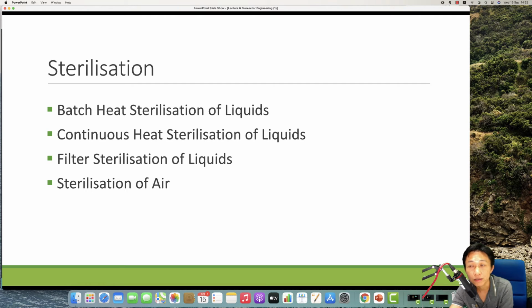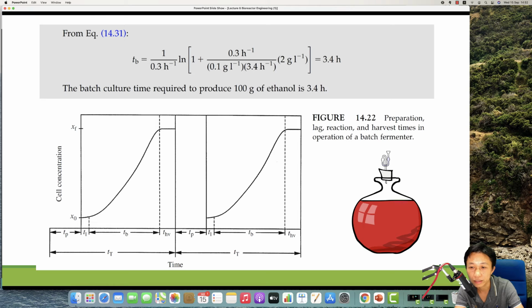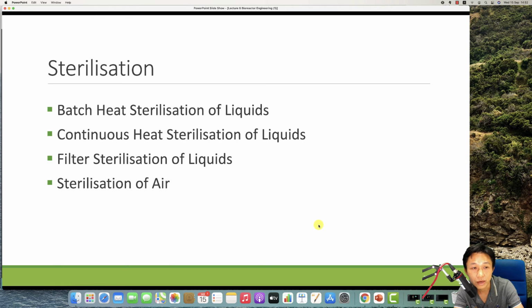And for the last section, we need to talk about sterilization. We have liquid sterilization. We have batch heat sterilization. When you have some liquid inside, you can have a batch process similar to this one, and you put it in the autoclave, and then you have a very clean liquid.